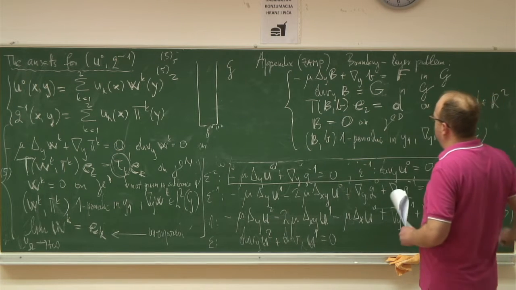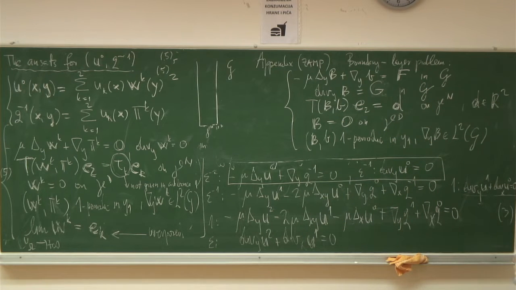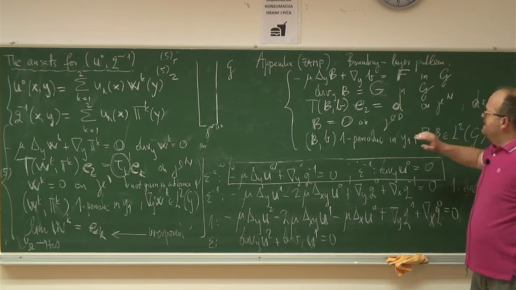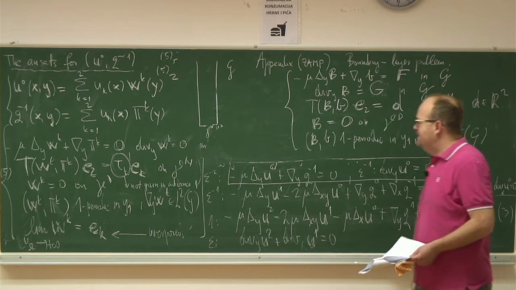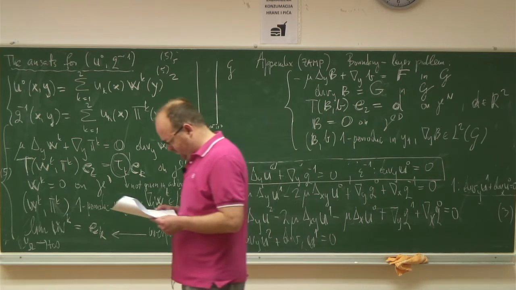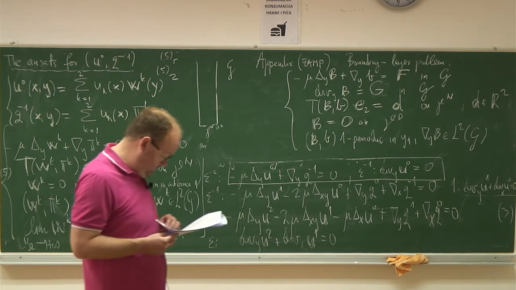And on the hole part of the porous boundary, we have imposed the normal stress. Well, this D is any vector. So in the appendix it is proved that there exists a weak solution.